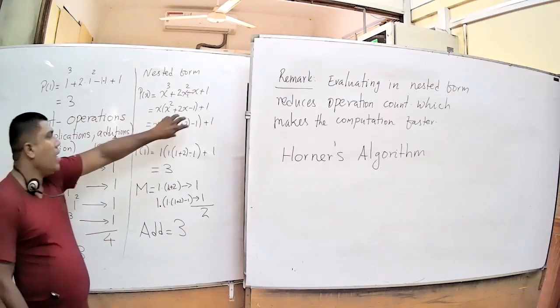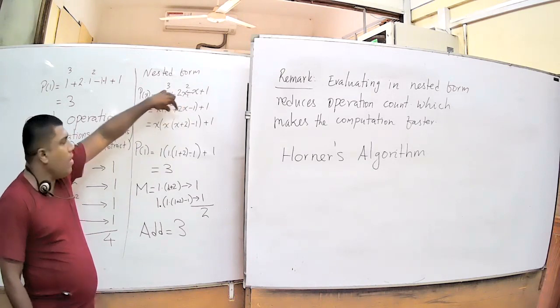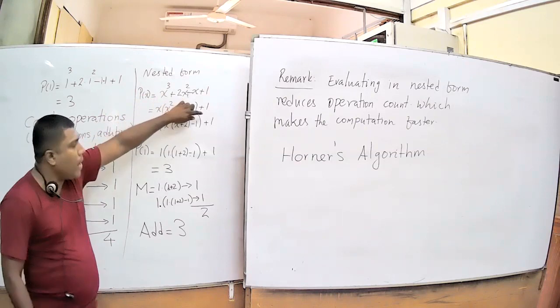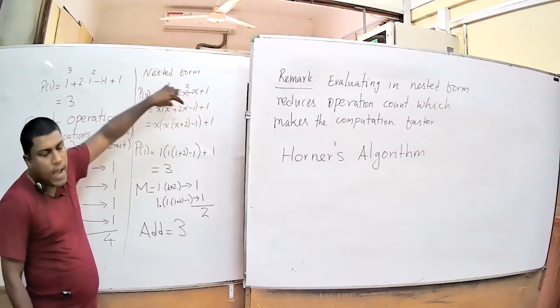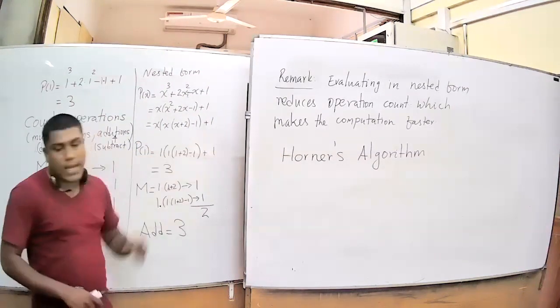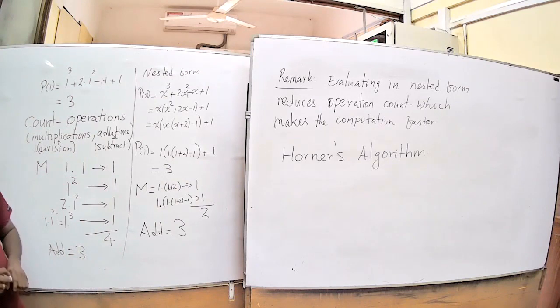It will calculate first 1 plus 2, then 1 times that, then minus 1, then that value times 1, and then that value plus 1. In that way it will continuously compute.